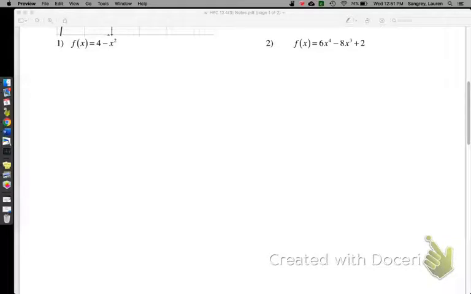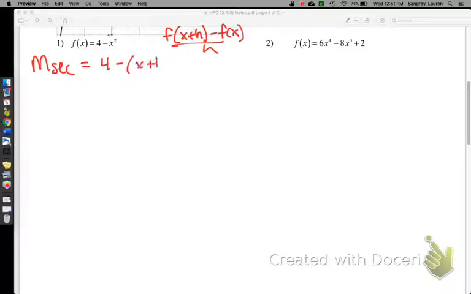All right, we're going to look at example 1 first, and we're following the steps that we've been practicing. So the first thing we need to do is find the slope of the secant line. This is the difference quotient, so this is f of x plus h minus f of x all over h. So we have 4 minus x plus h squared, and then minus all of f of x, 4 minus x squared, and then this is all over h.